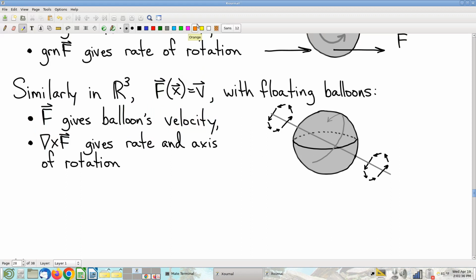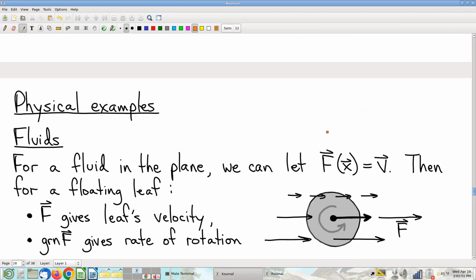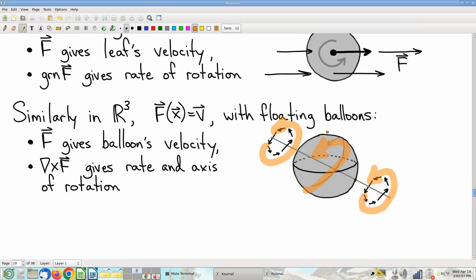The rotational aspect of the air is what's going to indicate the extent to which the balloon is also going to be rotating, in the same way that Green's operator was indicating the rotational aspect of the two-dimensional fluid.